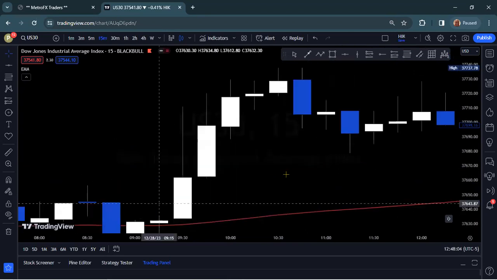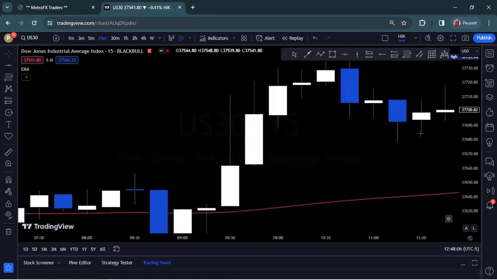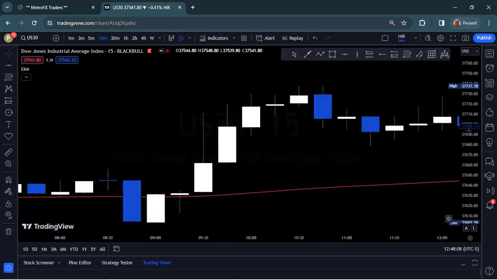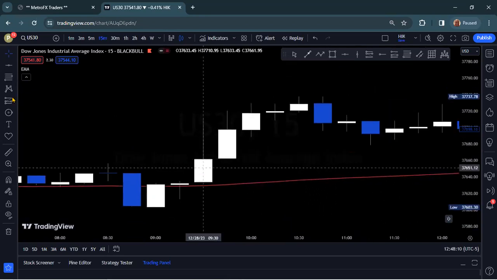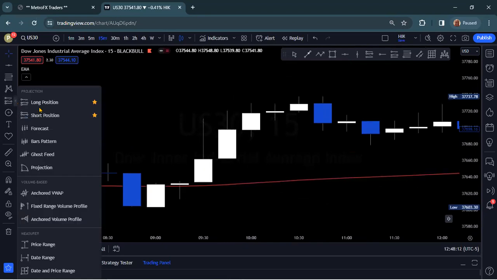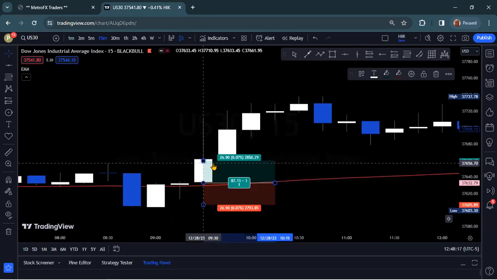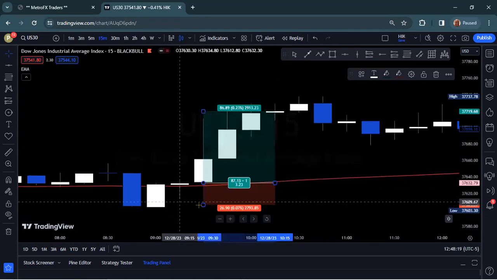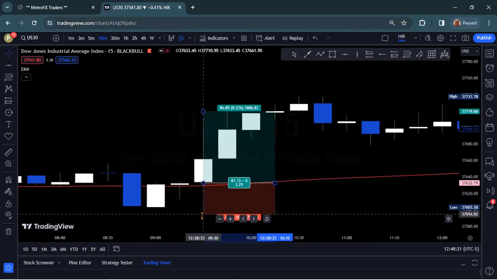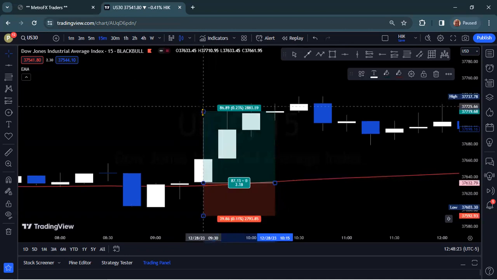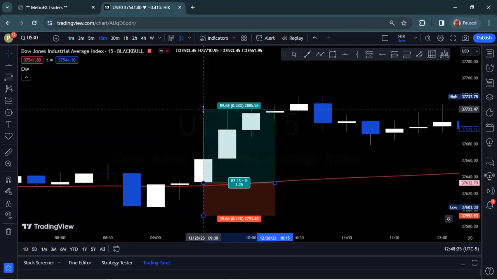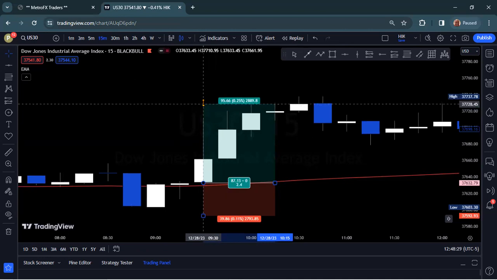And again, you get in on this candle, right? And you set your long position. So you got in here. You're going to stretch it out below right here for your stop loss, and you're going to stretch it out to 2.5.